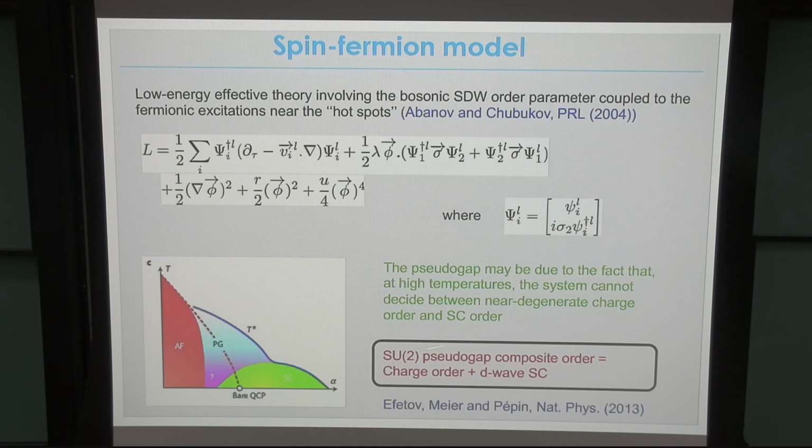What that means is that this pseudogap order would be given by a matrix which includes the components of both the order parameter of the charge order fluctuation and also the d-wave superconducting order. There are many consequences for this proposal, and many interesting predictions that agree with experiments, as I'm going to show in a moment.